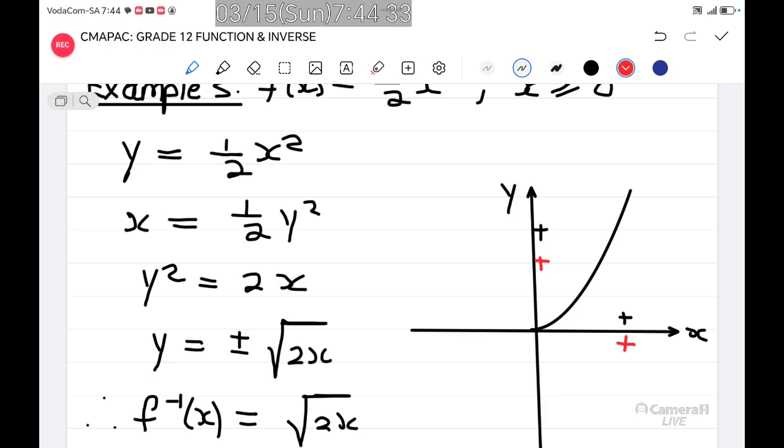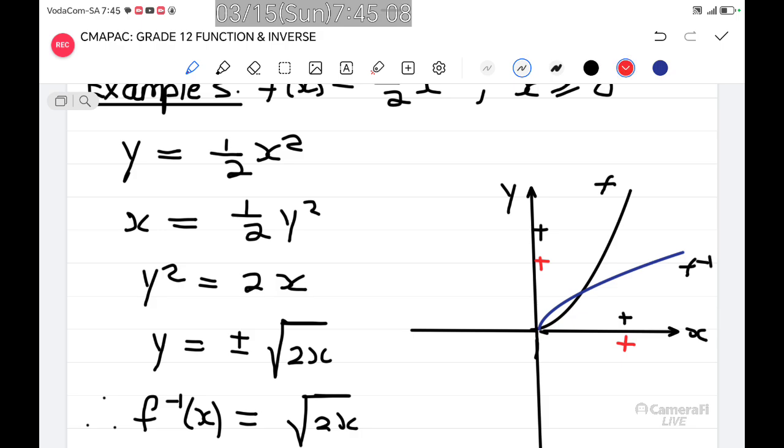But remember, by the look of things, since it was positive, the first one is supposed to go like this. So the graph is supposed to go like this, but this negative part, we remove it since we have said x must be greater than 0. So here is our new function and its inverse. This is f of x, this is the f inverse.